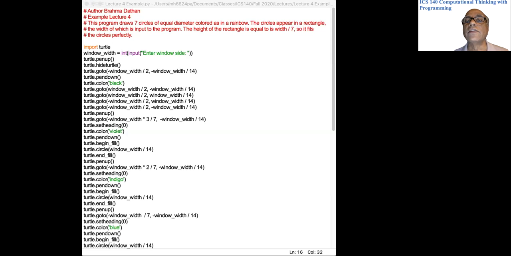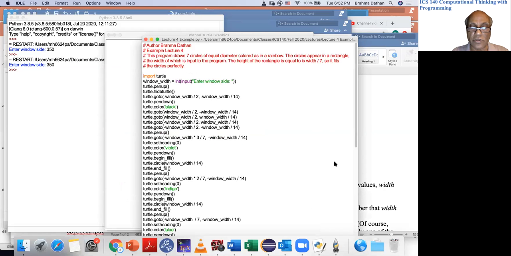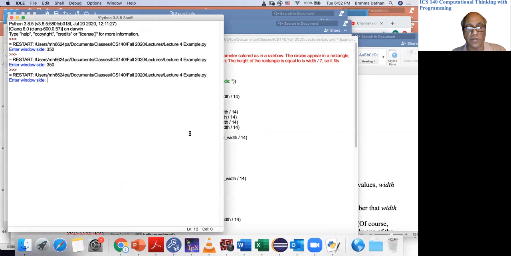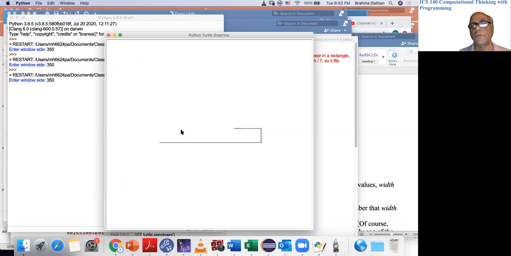I'm sorry. Let me show this code in execution once again. So it draws this box, then draws every circle from left to right.